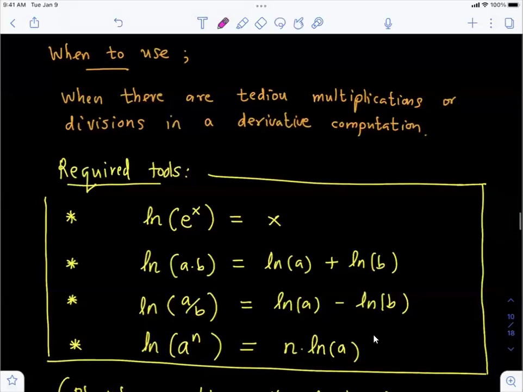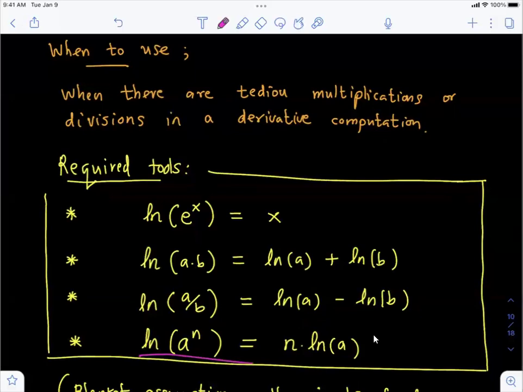And then the last but not least, it is the power. When you have a power inside an ln, this is common with every ln aspect, right? Every logarithmic term has this property. You can bring this power to the front of that term, leaving just the base inside the computation.